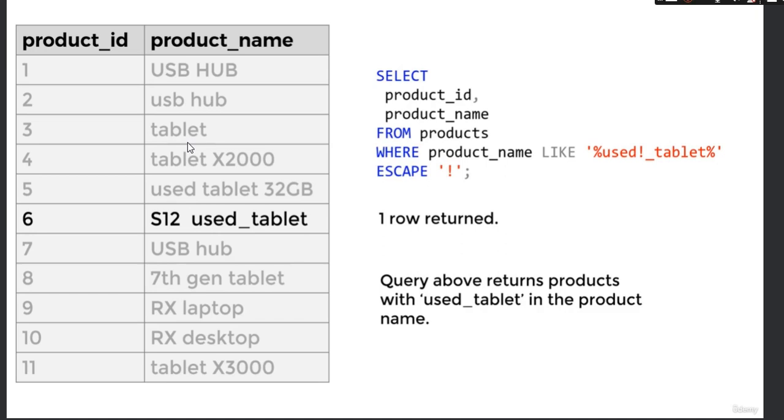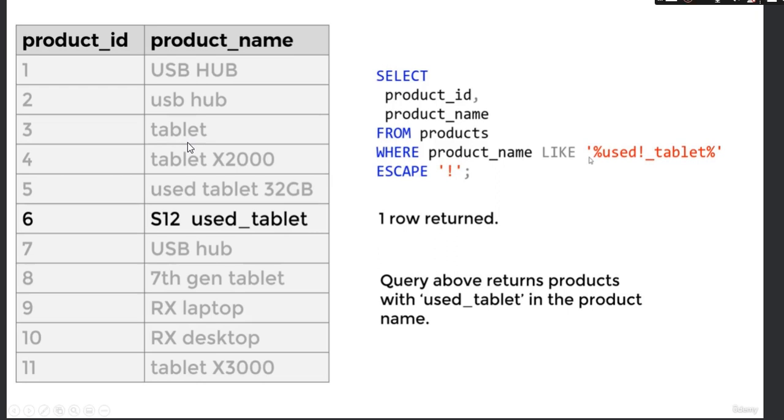This query gives us the result we wanted: it returns products with used underscore tablet in the product name. We are using the exclamation mark as an escape character, and we put the exclamation mark just before the underscore in our literal.